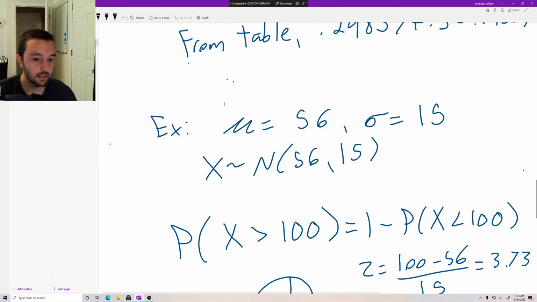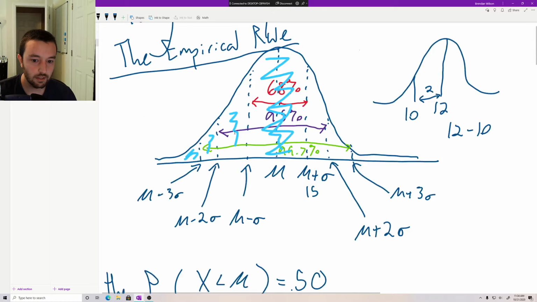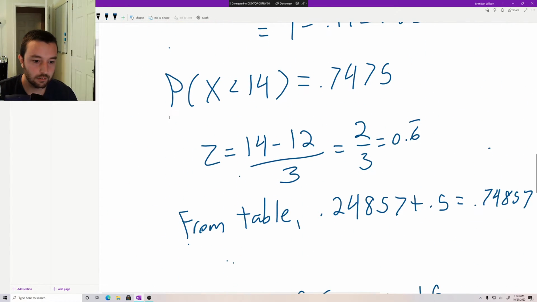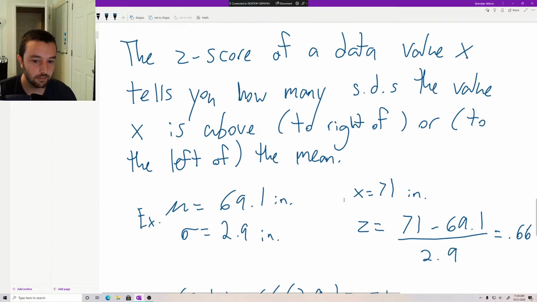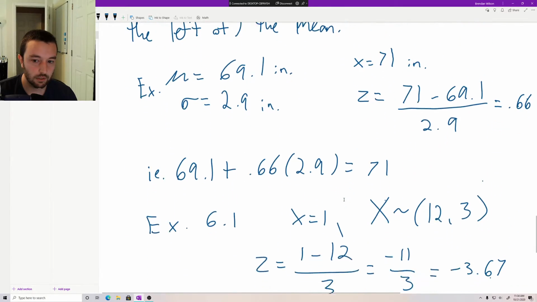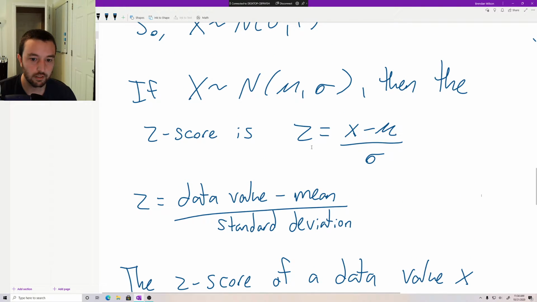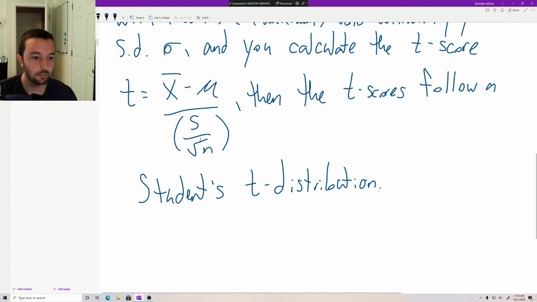So remember the z-score, wherever we first had that, I think 6.1, was right here, x minus mu over sigma. So this one is similar. It's now x bar minus mu over s over root n. So instead of sigma on the bottom, we have s over root n, and instead of x, we have x bar. But it's a similar type of formula.